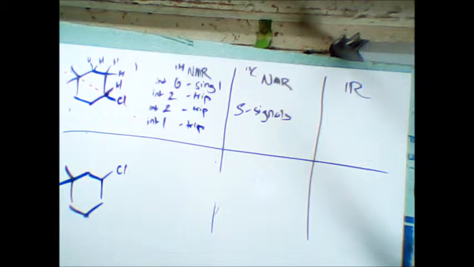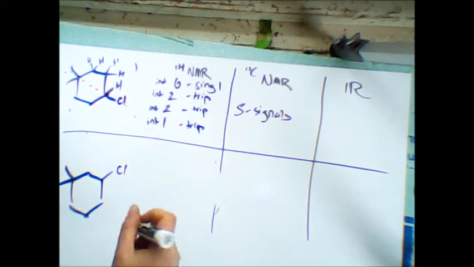Again, if you want to be terribly thorough, you can actually go draw the chair conformers and figure out if one chair is going to be preferred over the other chair. Hint, it is. But for the sake of simplicity, let's just say that they're going to be identical.